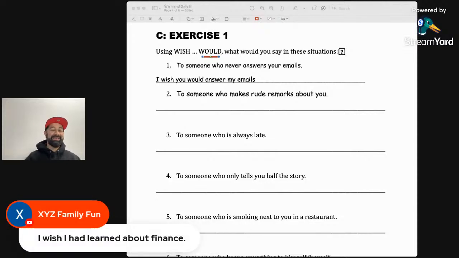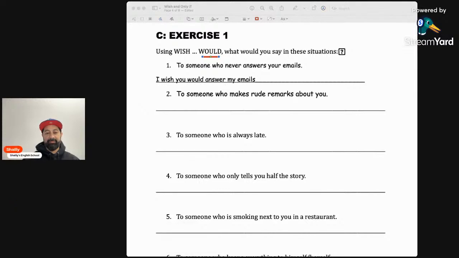XYZ, I wish I had learned about finance. Perfect. Okay, let's look at our exercises here. You're going to be using only would in this situation. So what would you say in each of these situations? For example, number 1 says, what would you say to someone who never answers your emails?